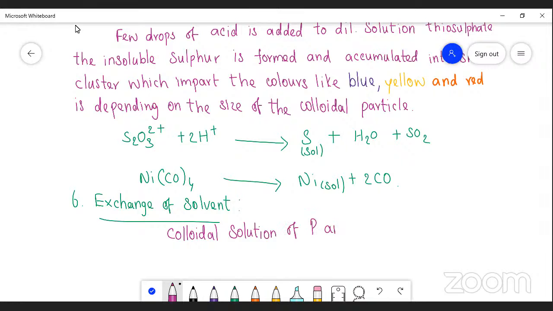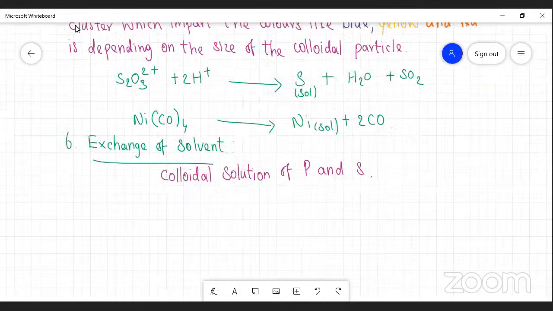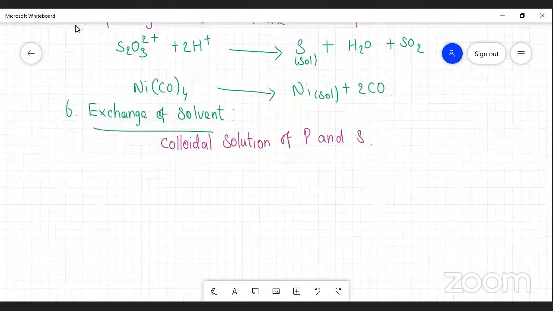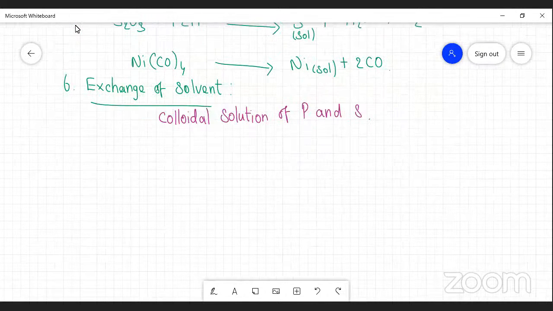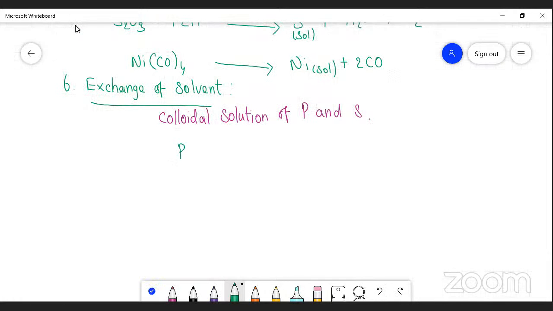This phosphorus and sulfur is insoluble in water and soluble in alcohol. So we take phosphorus in alcohol.